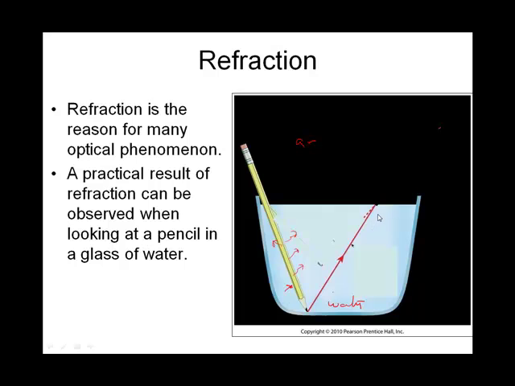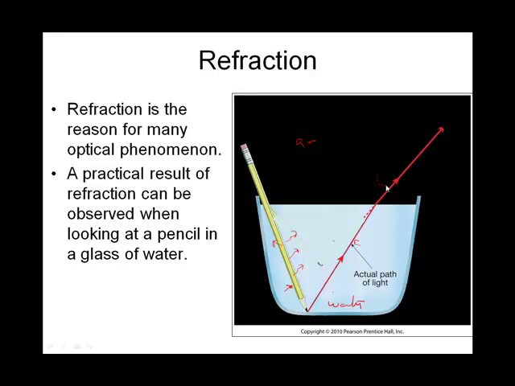Now here's the refraction part. As it leaves the water, so the actual path of the tip of the pencil light is there. As it leaves the water, notice it is bent away from the normal. I'm having a hard time drawing the normal here.